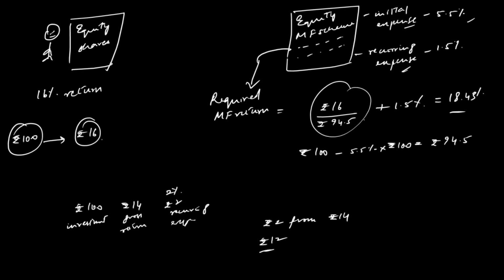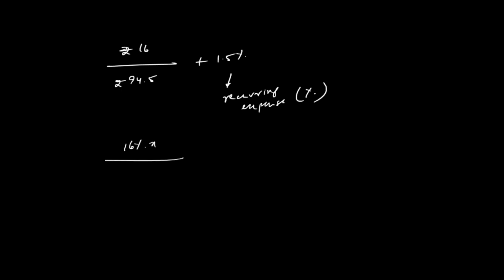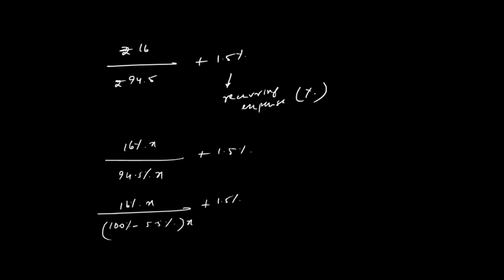So what we'll do, we'll just write it on the next page. This equation, rupees 16 by rupees 94.5 plus 1.5%. This 1.5% is the recurring expense percent, right? In this equation, if it is 100, then it is 16 by 94.5. But otherwise, it is 16% of x, right? 16% of 100 is rupees 16. So it is 16% of x, and this is 94.5% of x, plus 1.5%. And if you see this, it is 16% of x by 100% minus 5.5% of x, plus 1.5%, right? 100% minus 5.5 is 94.5.